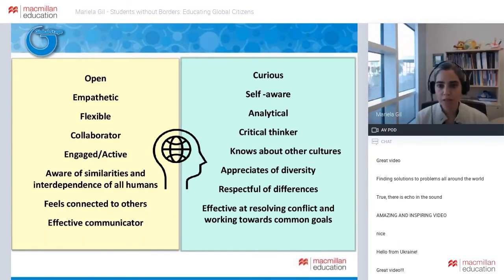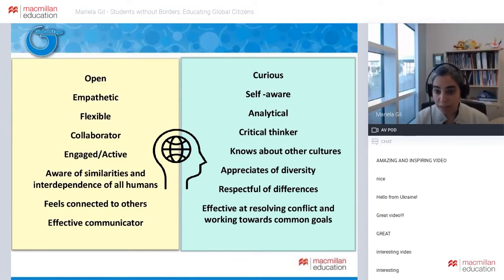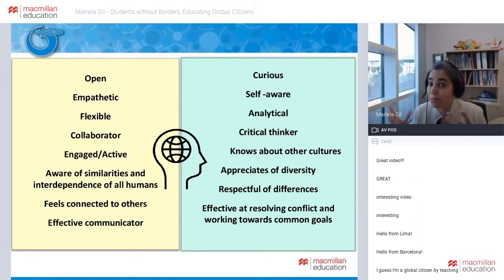So this involves being self-aware, understanding yourself, and being open to the possibility that maybe you're not perfect, that there are things that you may grow, that there's growth mindset in it, right? There are elements that you're open to hearing from others, and you're empathetic.